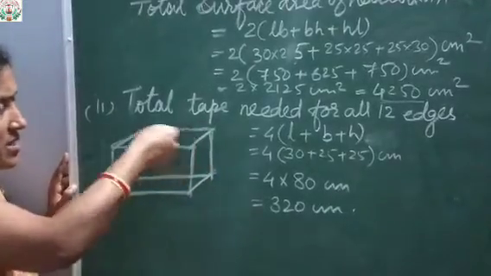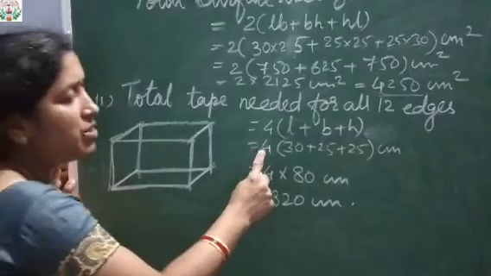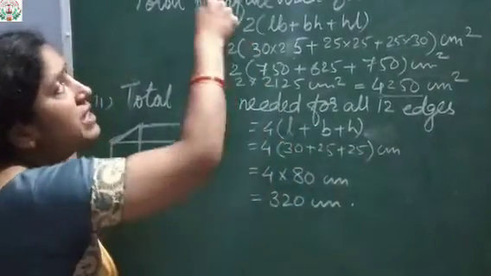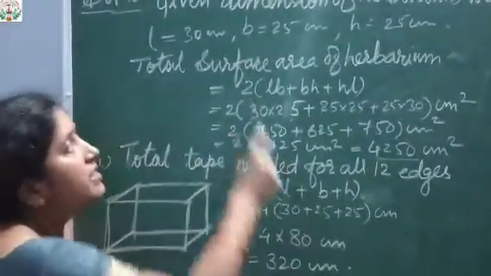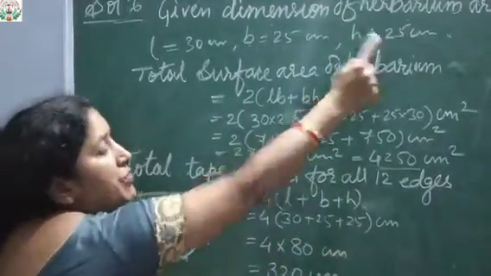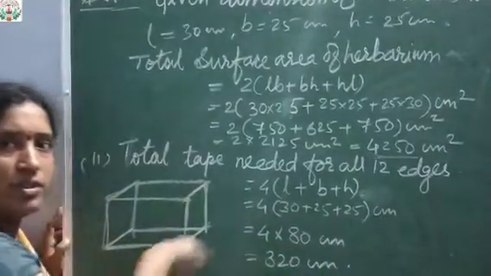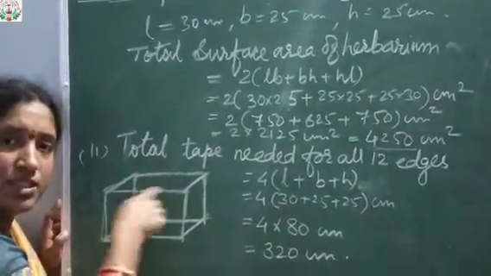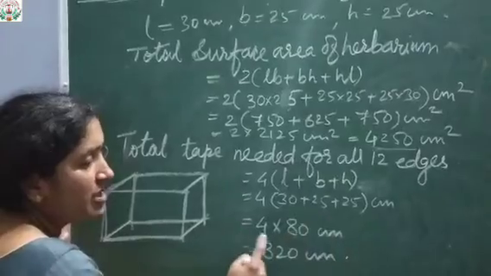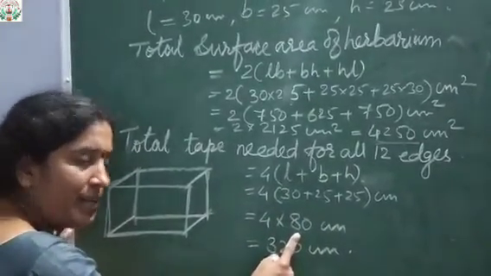Because all the edges are covered with tapes. Okay, so that equals 4 into (L is 30 cm, breadth is 25 cm and height is 25 cm). So put the values, with cm outside the bracket, because the unit of the edges is cm. So that equals 4 into, on addition of all this, we will get 80 cm.